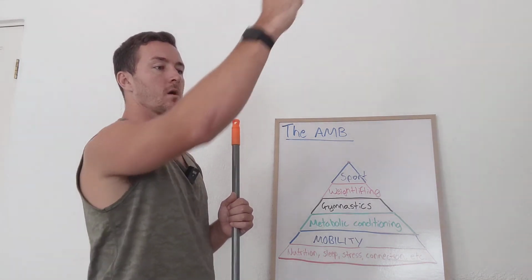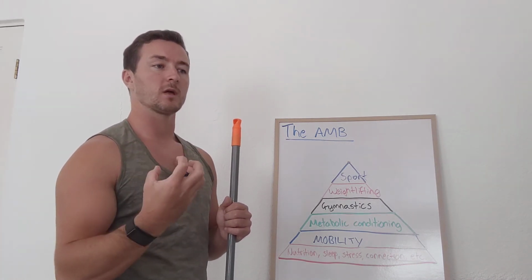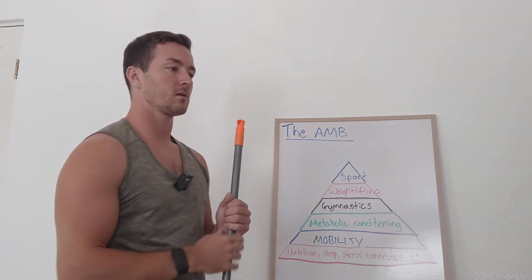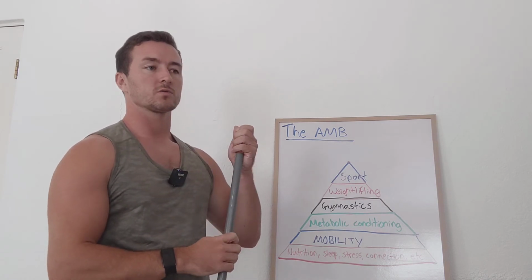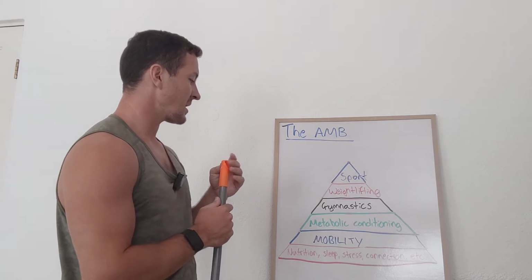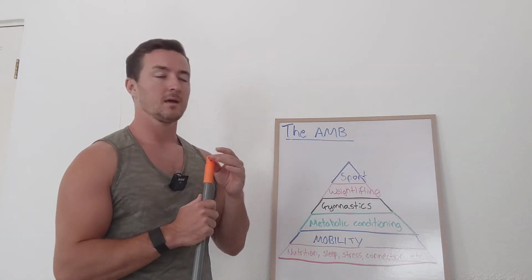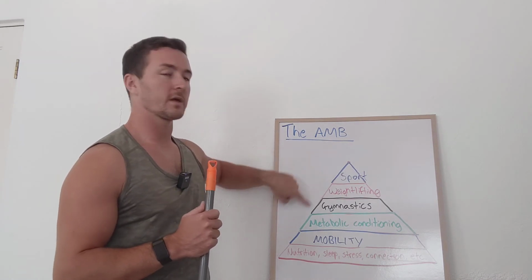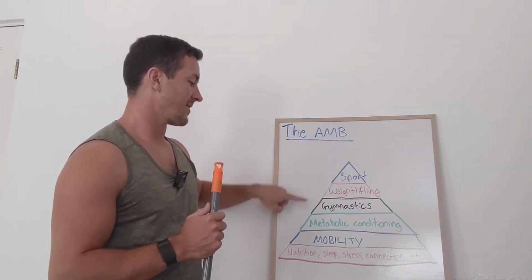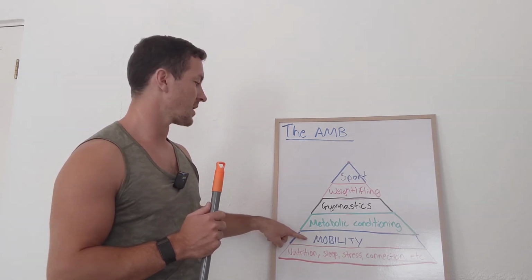Now we're working within their capacities, so it's safe for them to do that, and we're building strength, but we're also just respecting the capacity of their joints. But the important thing is, if you've got things that you want to achieve up here, then you have to address this at the same time.